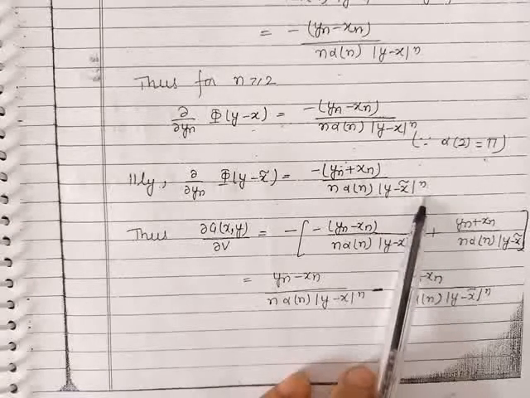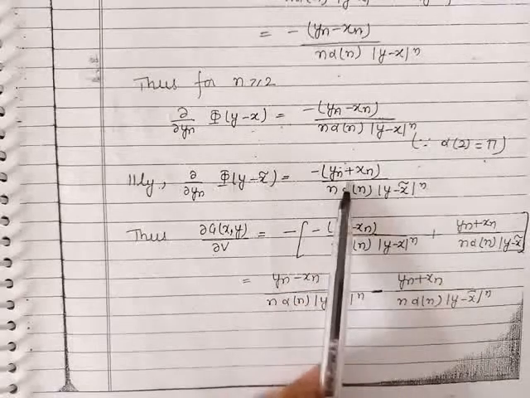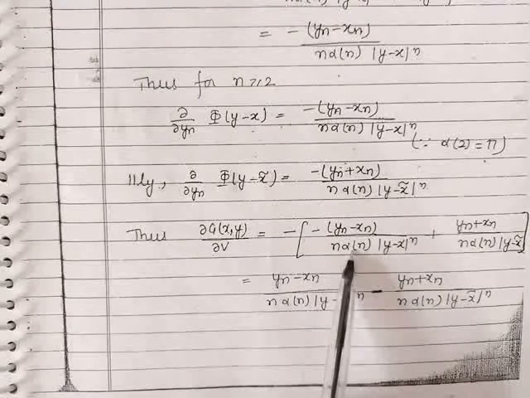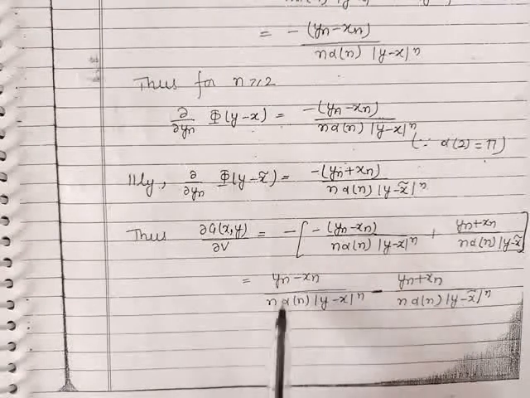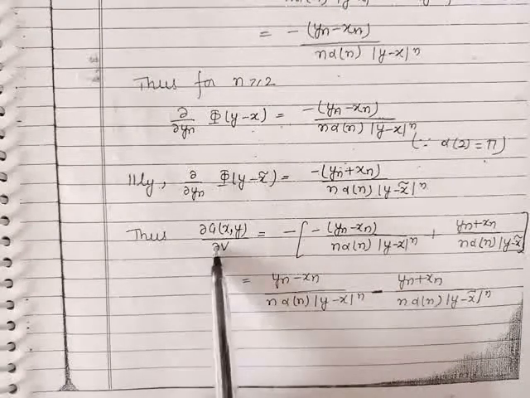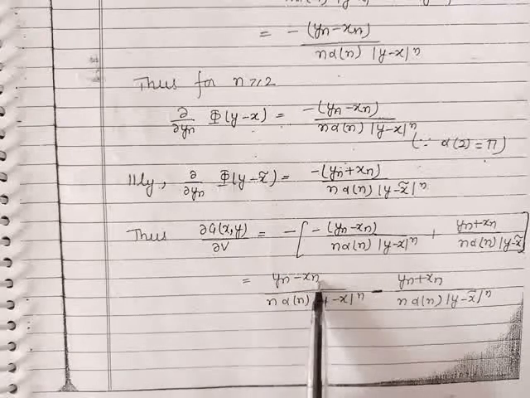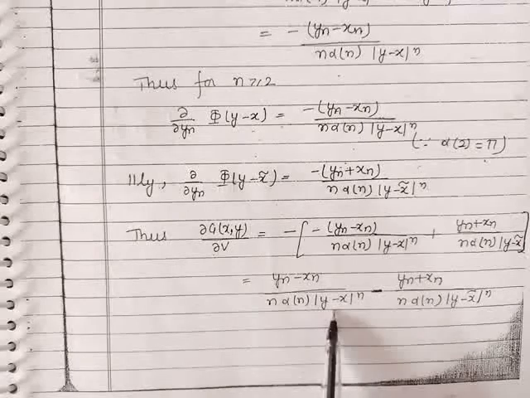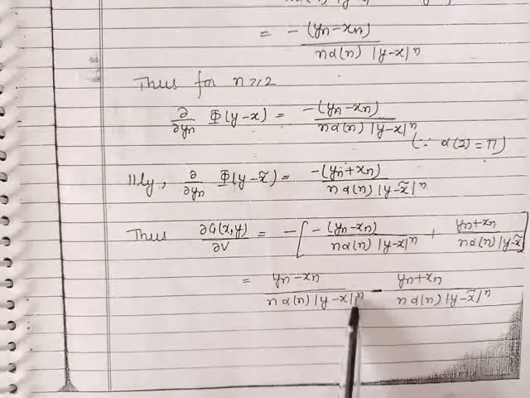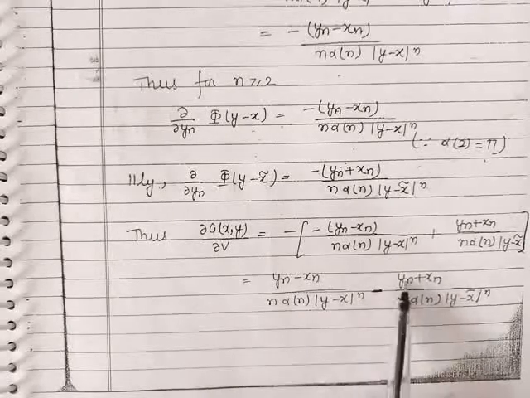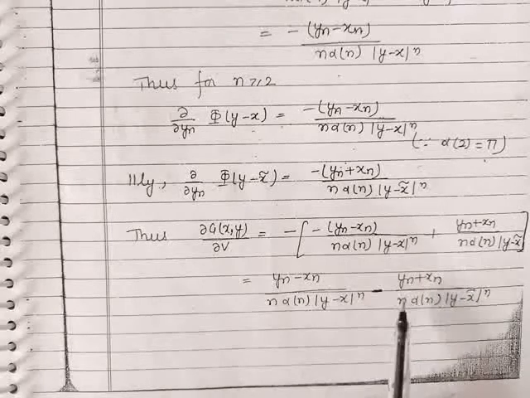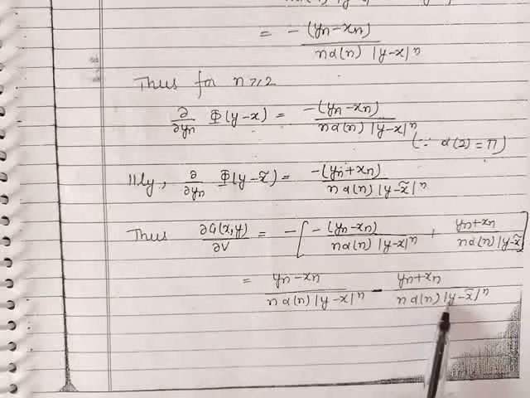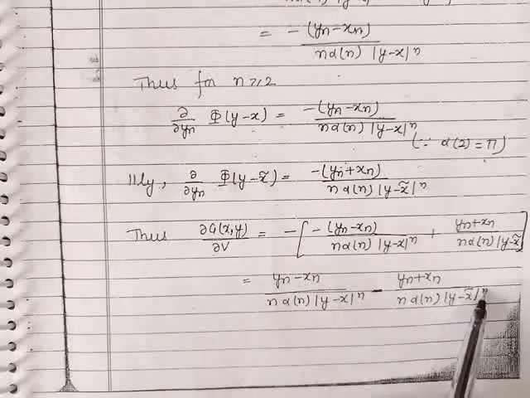Now we can substitute these two values in ∂g/∂ν. After substituting the values, we get the value of this term, which is (yn minus xn) upon n alpha n |y minus x| raised to the power n minus (yn plus xn) upon n alpha n |y minus x bar| raised to the power n.